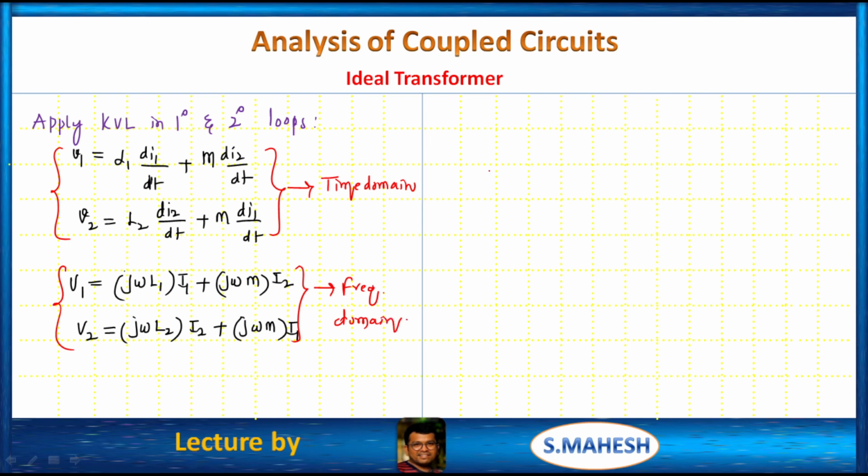Clear? We all know that current enters through the dot ends. Therefore, given M positive, that's it.